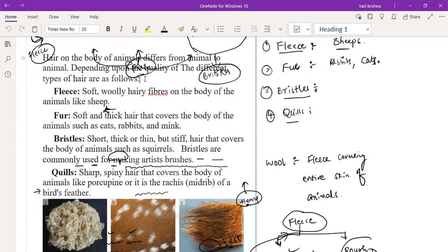When you say wool, yes, sir. So we remove the thin layer of skin every time. What is the thin layer of skin?